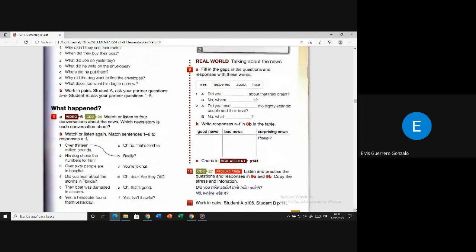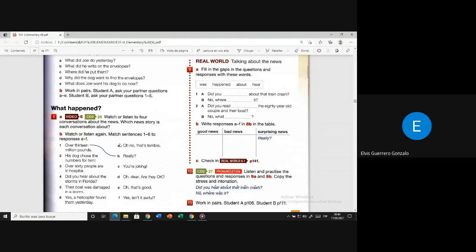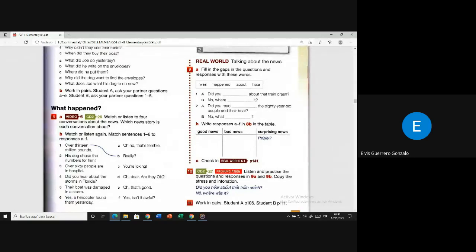Correct. Now, write responses A, B, C, D, E, F in the table. There are three categories: good news, bad news, surprising news. For example, surprising news.